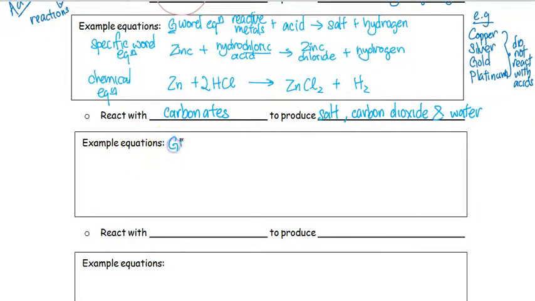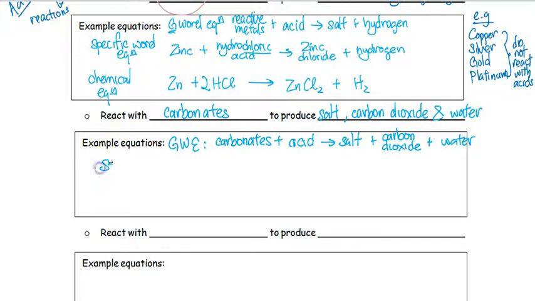So the general word equation is: carbonates plus acid gives me salt plus carbon dioxide plus water.